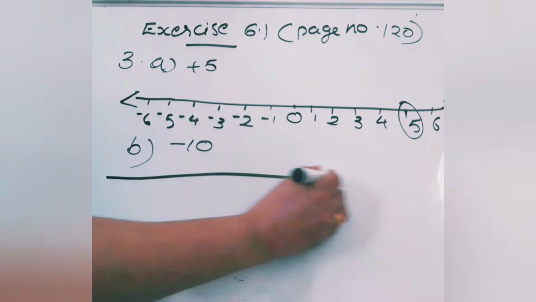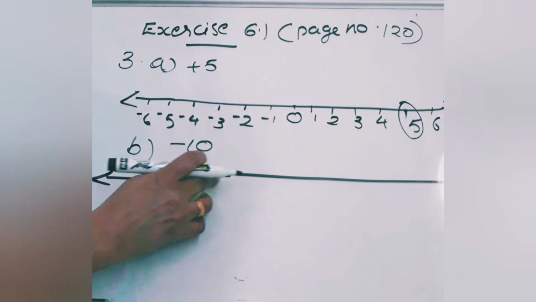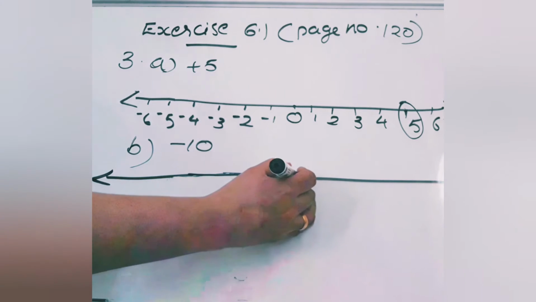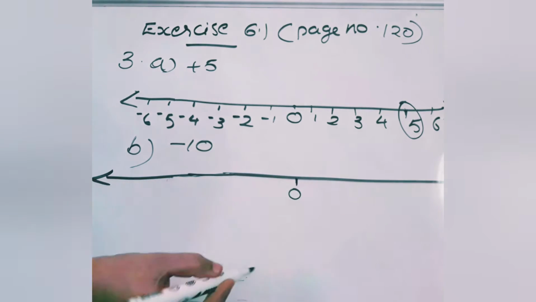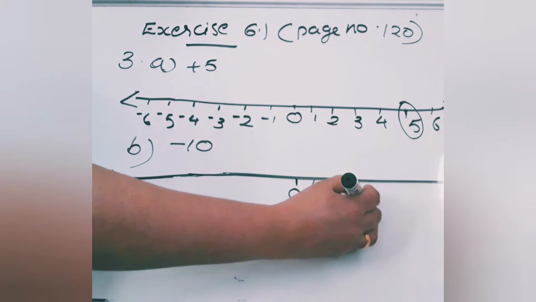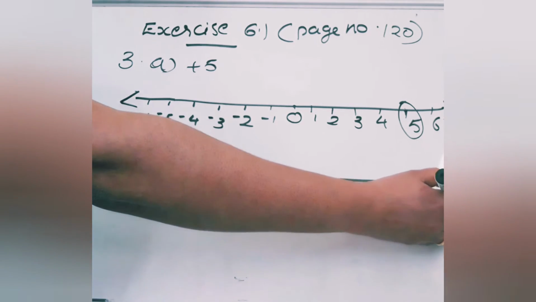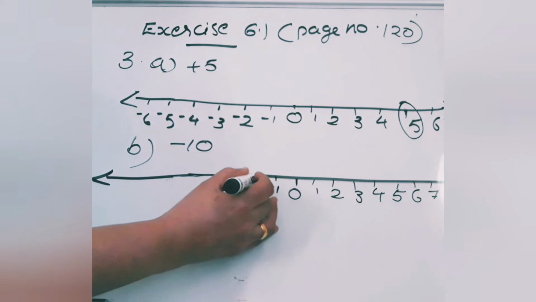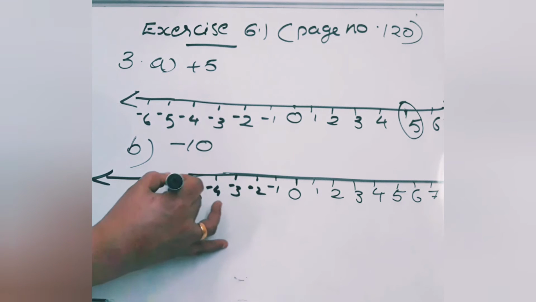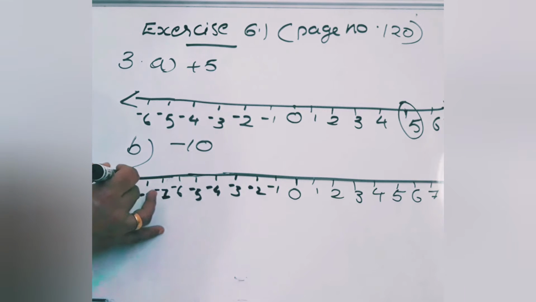Suppose you should draw with a scale. Now I am doing freehand drawing, but you have to draw using a scale. When we take the number 0, it should be in the middle. Here all are positive integers, right? 1, 2, 3, 4, 5, 6, 7, 8, 9, etc. Here minus 1, minus 2, minus 3, minus 4, minus 5, minus 6, minus 7, minus 8, minus 9, and here minus 10.